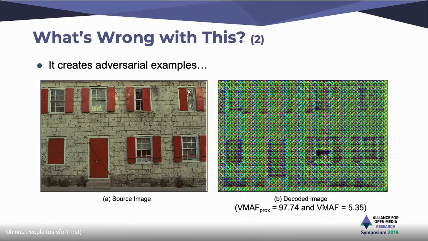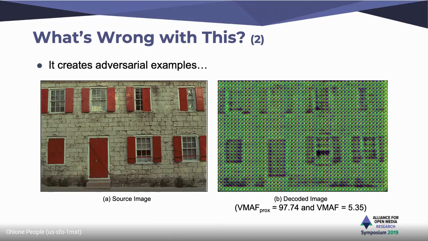At first I thought it was a bug, so I started investigating, and I measured the VMAF proxy, which is the score produced by the neural network, and its actual VMAF score, which should be very low because, as you can see, it's not a proper image. Yeah, so this is what I got at first.